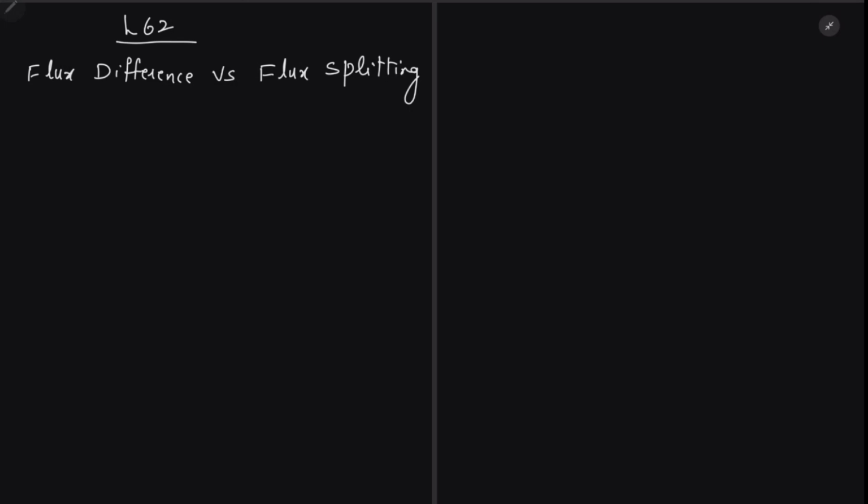For example, we talked about F n at i minus 1 half equals f of q i minus 1 plus the sum over p from 1 to n of lambda p minus w p at i minus 1 by 2. So this was the waveform that we discussed earlier.